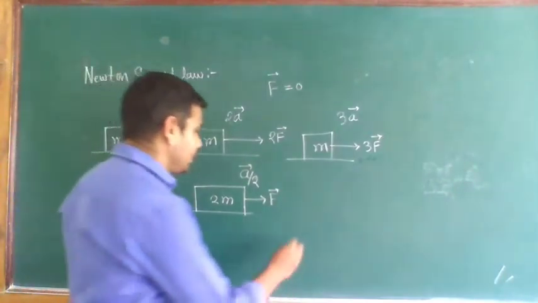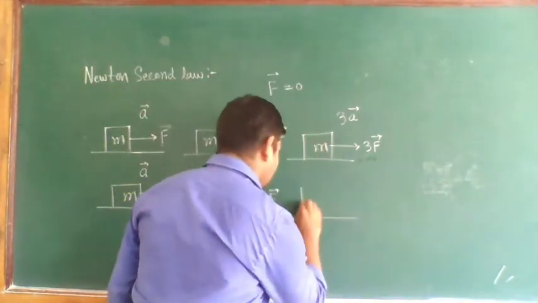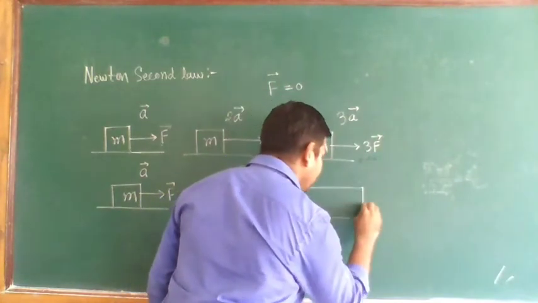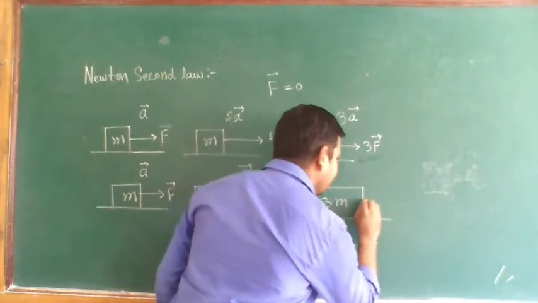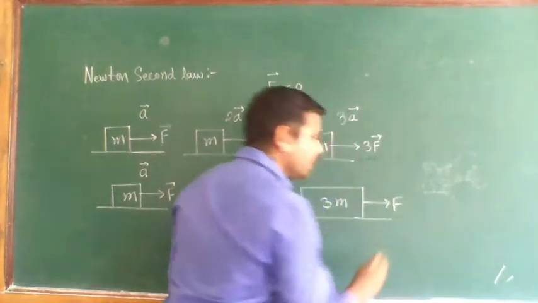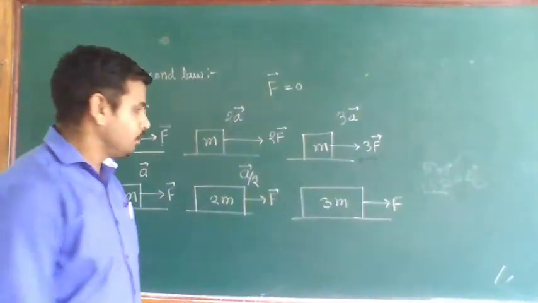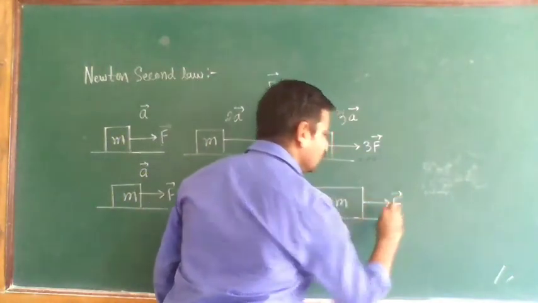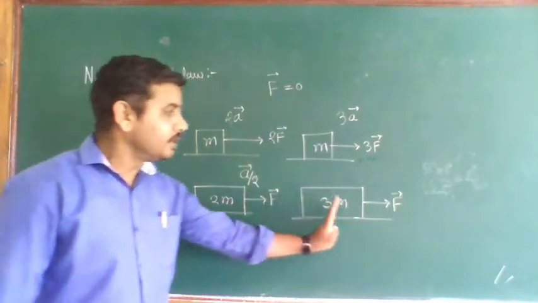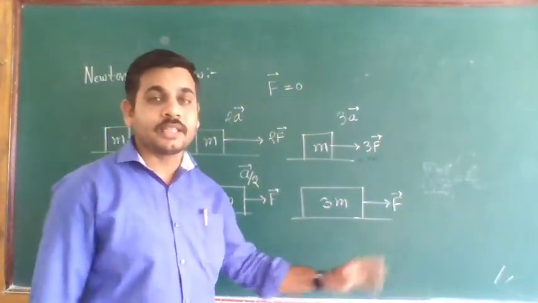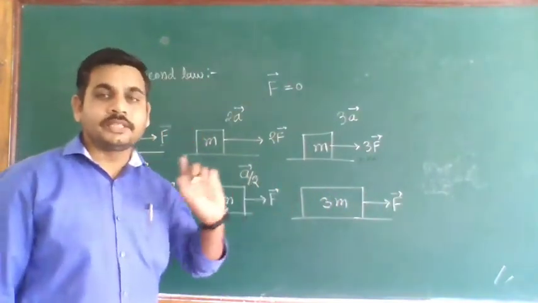Again we consider, if we increase the mass of that body to 3m, and here also you keep the force constant. For the same force, in your first case, in your second case, in the third case, in all the cases the force is the same.